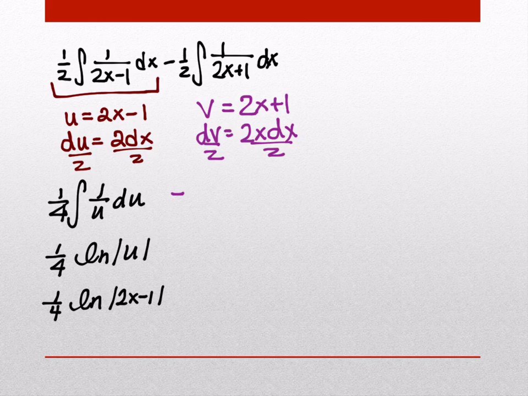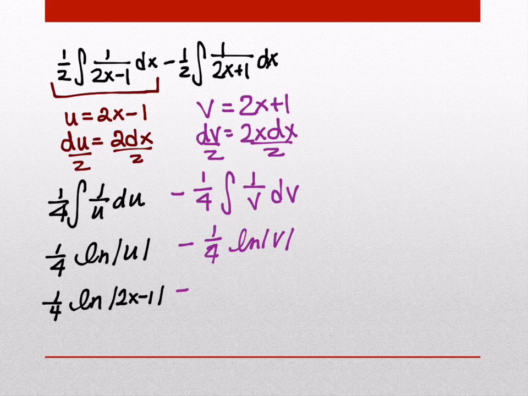So when I do my substitution, I have minus 1/4 the integral of 1 over v dv. And what is that? Right, that's negative 1/4 natural log of the absolute value of v, which gives me minus 1/4 natural log of 2x plus 1.